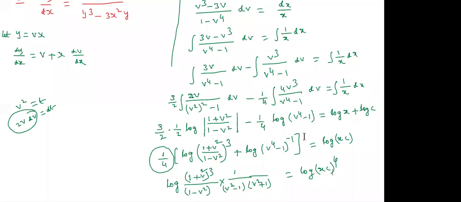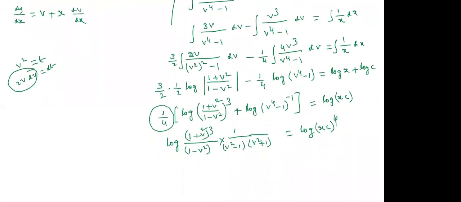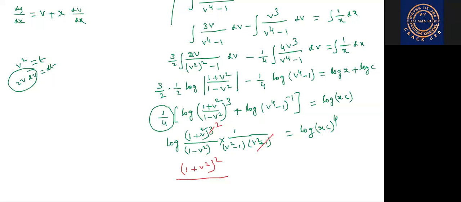Now eliminate the logarithm. Then which terms is going to cancel? 1 v square plus 1, 1 v square plus 1 is going to cancel. Now remaining is 1 plus v square whole square divided by, here 1 minus v square minus 1. That is how to write.